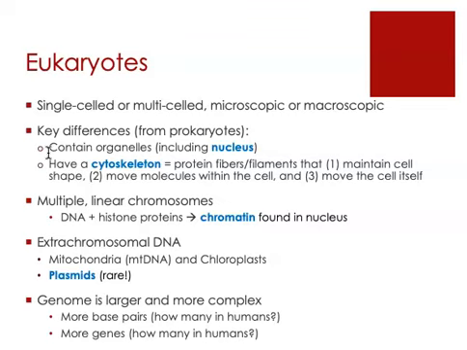Eukaryotic cells also contain a true cytoskeleton. The cytoskeleton is almost like a scaffolding inside the cell, and we sometimes forget it's there because the cytoskeleton doesn't show up with most of the stains that we use to stain eukaryotic cells in the lab.